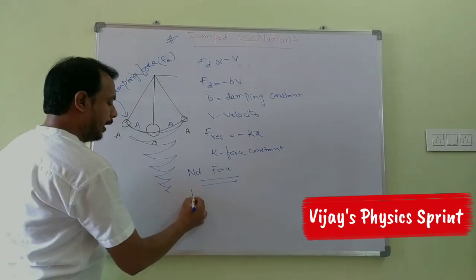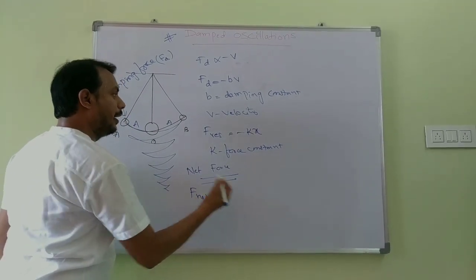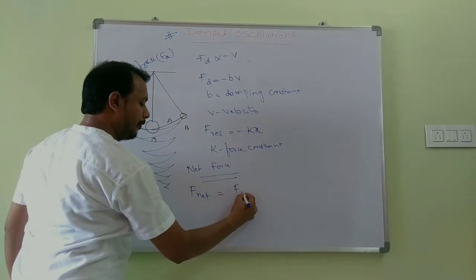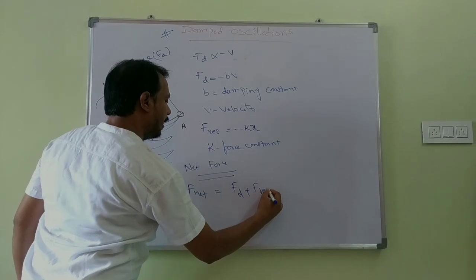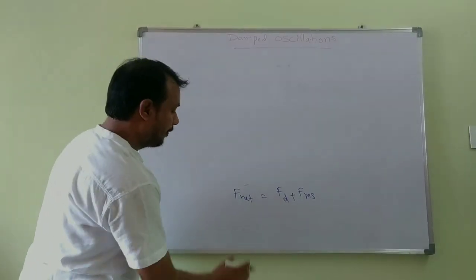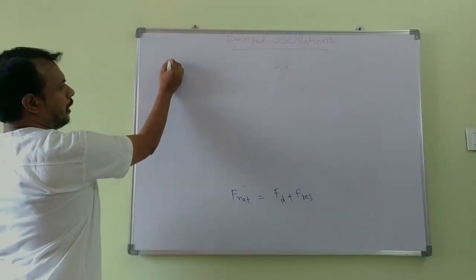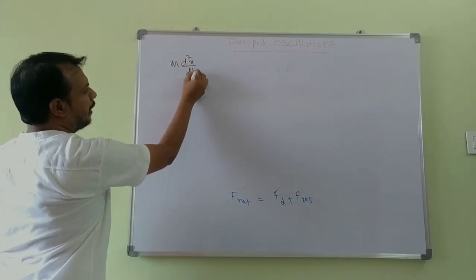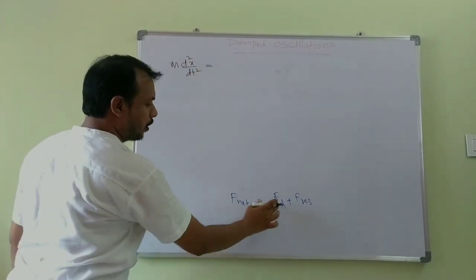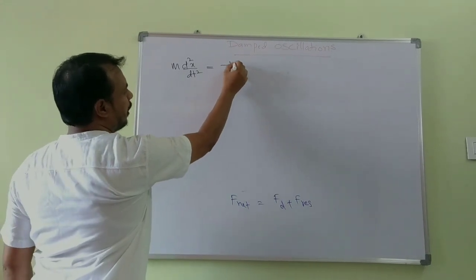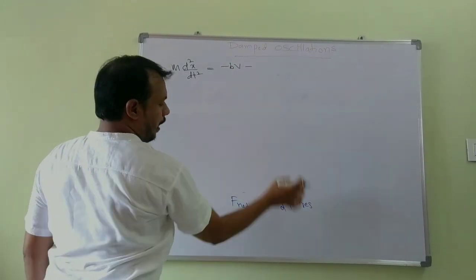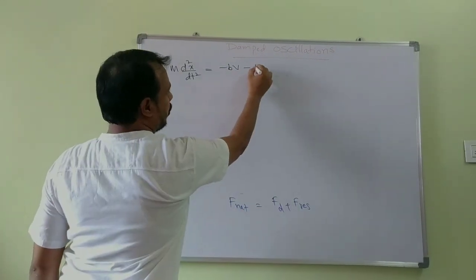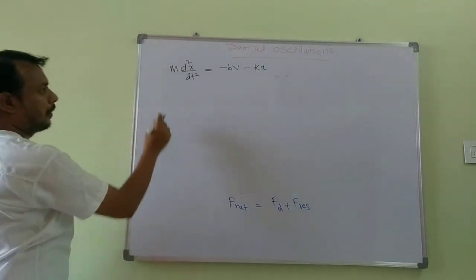F net is the sum of the two forces acting on the oscillator, the damping force as well as the restoring force. Force equation F equals ma, where a is d square x by dt square, equals the damping force minus bv plus the restoring force minus kx.